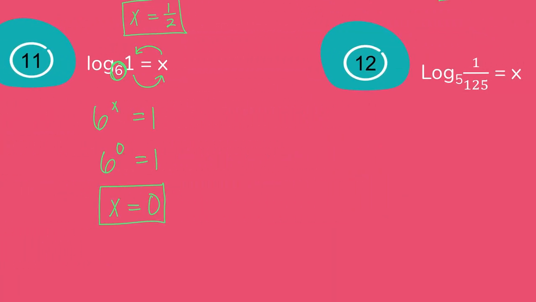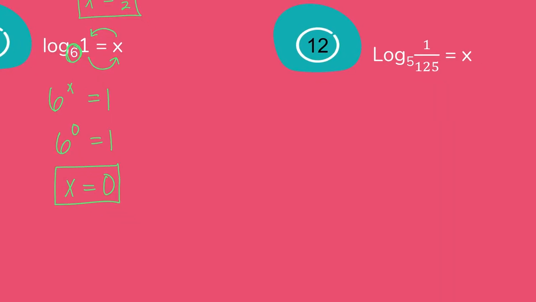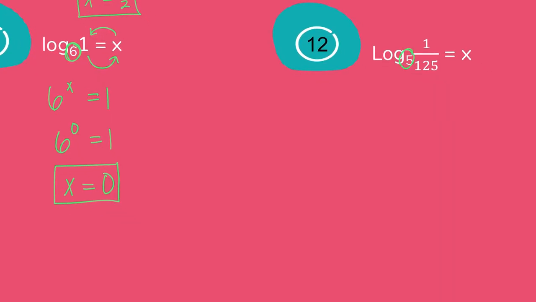And looking at the last one on this slide, still solving the same thing. Here's my base. Switching my order, I'm going to have 5 to the power of x equals 1 over 125. Going ahead and trying to get the same base, what do I do first when I have that fraction? Flip it. 5 to the x equals 125. Because I flipped it, what is my power?